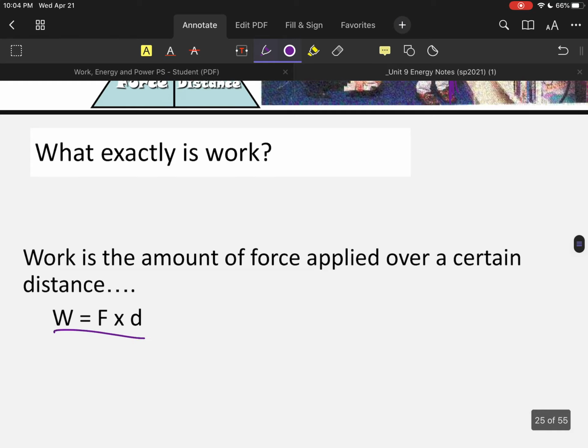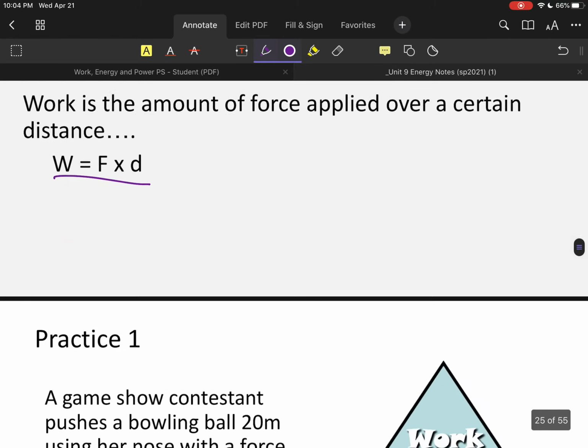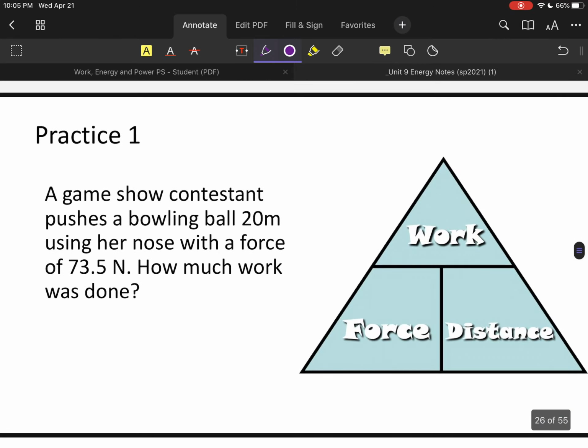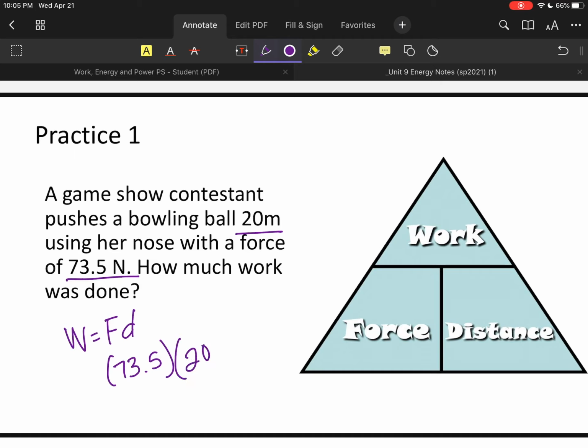Here's your formula again, so make sure you have that written down. Let's look at a practice problem. The game show contestant pushes the bowling ball 20 meters with a force of 73.5 newtons. To calculate my work, remember it's just force times distance. The force was 73.5 and the distance is 20 meters.